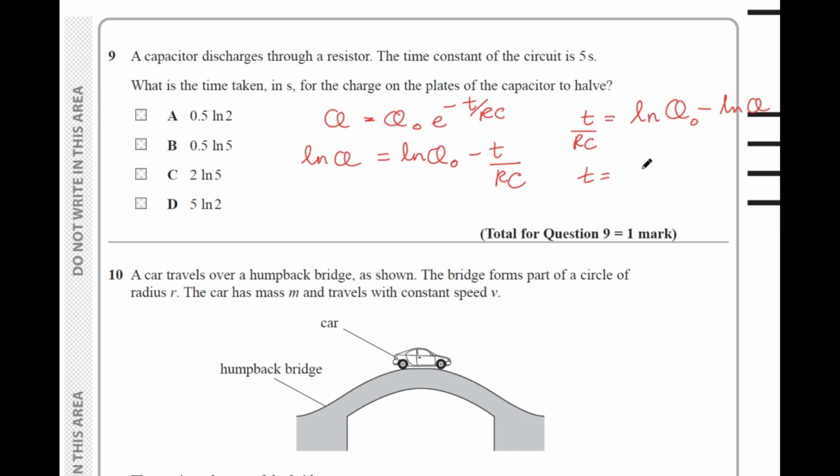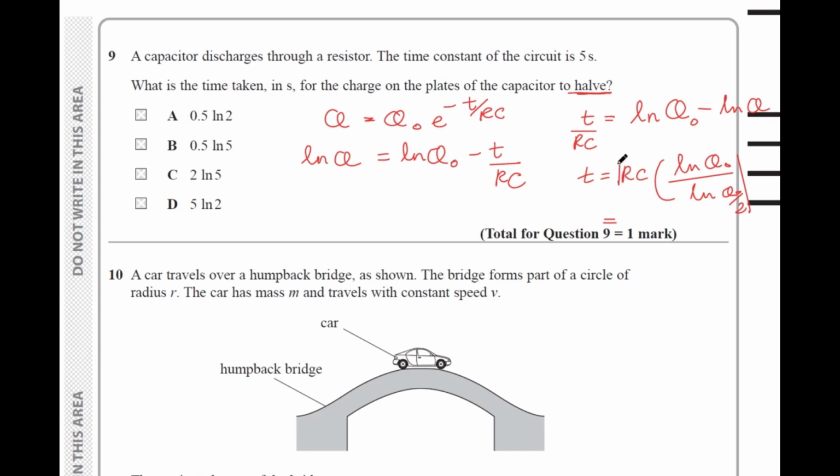So T equals RC times ln Q naught divided by Q, and here Q is Q naught over 2, because the charge remaining is Q naught over 2, since we are asked to find the time taken for the charge on the capacitor to become half of the original amount.